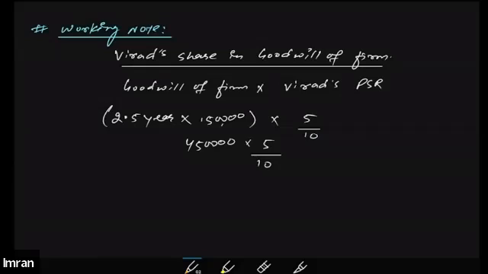Oh, okay. Multiplying 1,50,000 with 2.5, it is not 4,50,000. Instead, this will be 3,75,000. I'm sorry, please make this correction. 3,75,000. And now multiplying it by 5, dividing it by 10, we will get 1,87,500.